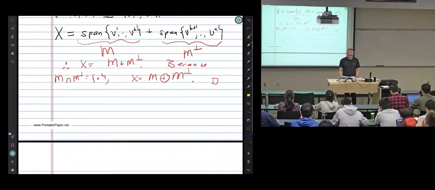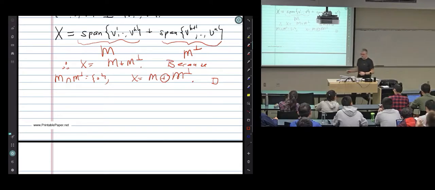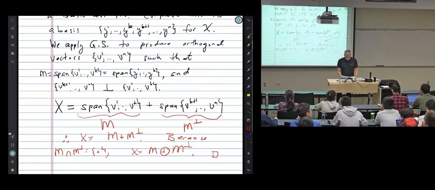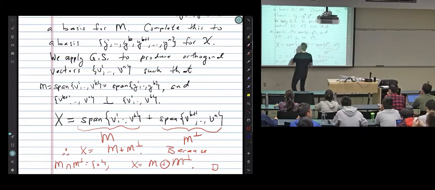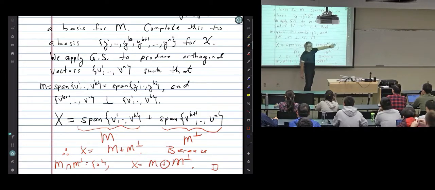Questions? Those two subspaces have to be the same size? Same dimension, you mean? Well, if X is 37 dimensional and K is 4, then this is going to be 33.